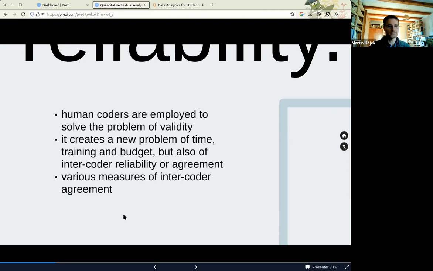The new problems are problems of time, that it's really time consuming. If you have, I don't know, 10,000 articles, even if you have 100 coders, it takes time to code all these texts. The problem of training, because you can train 1-2 coders, you can discuss with them and show examples, but to train 100 coders is almost impossible, because there are too many people, of different ages, and they have many questions.